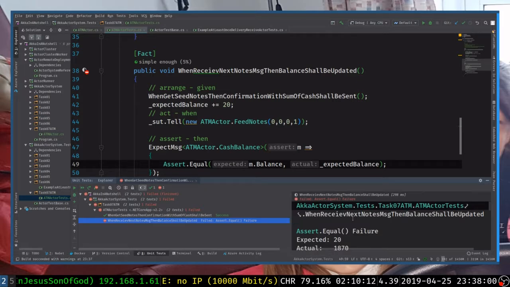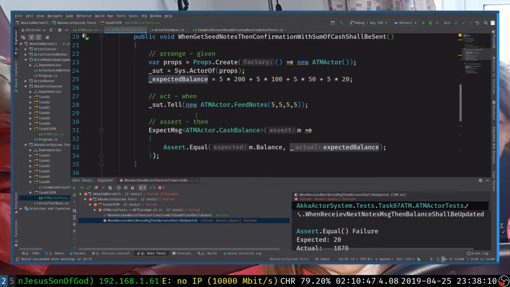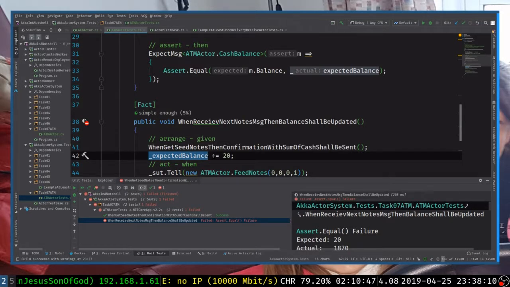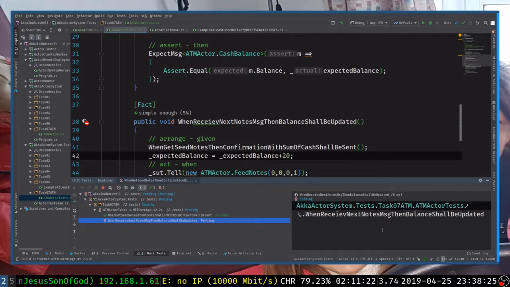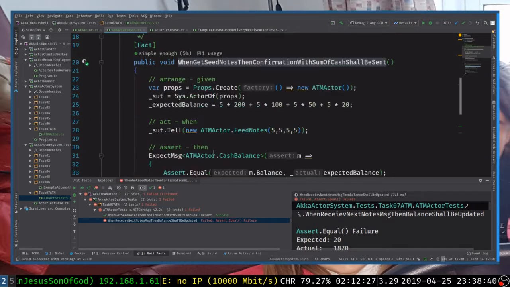Interesting. That's really interesting. So our balance, why our balance is set to 0 after execution.